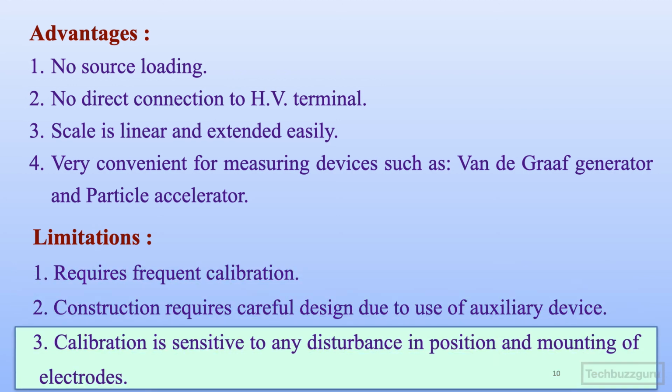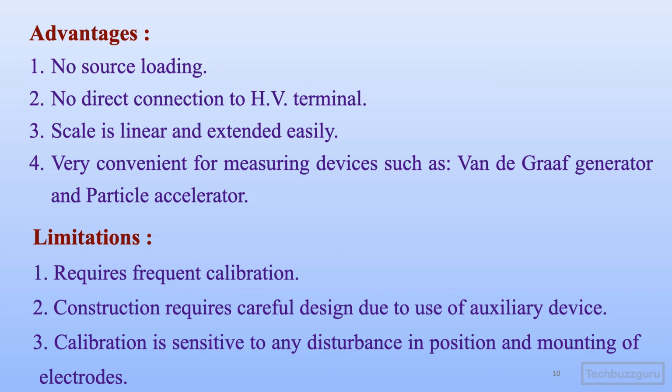And thirdly, the calibration is very sensitive to any disturbance in the position and mounting of the electrode. Because there is a motor and a rotating part involved, any disturbance in the motion, or some vibration or friction, will lead to a change in the speed of the motor, and consequently the calibration and the sensitivity will be affected.